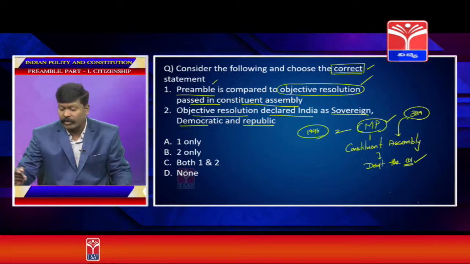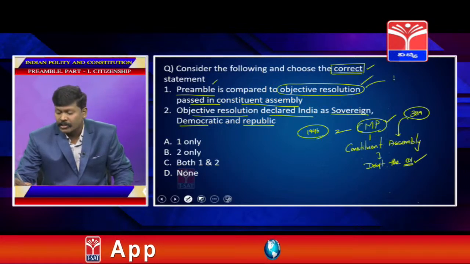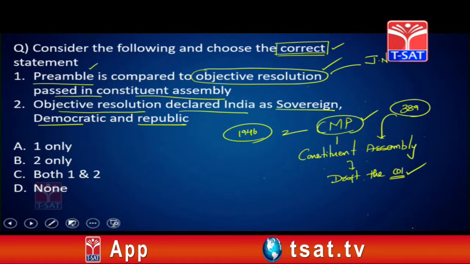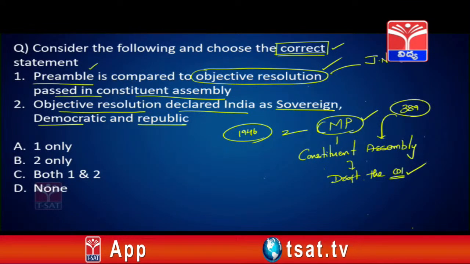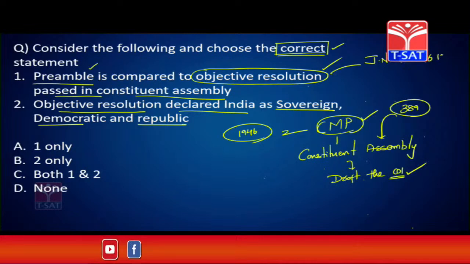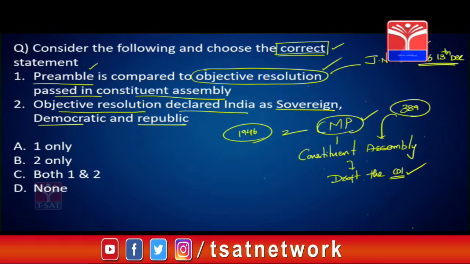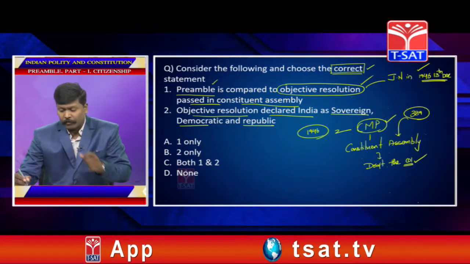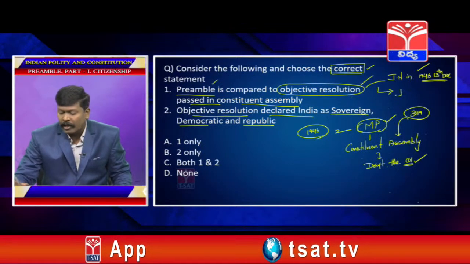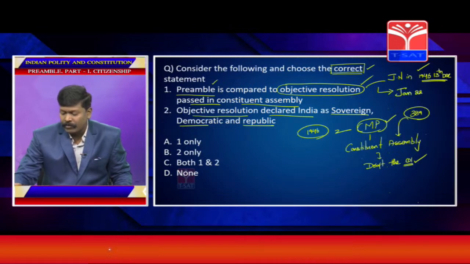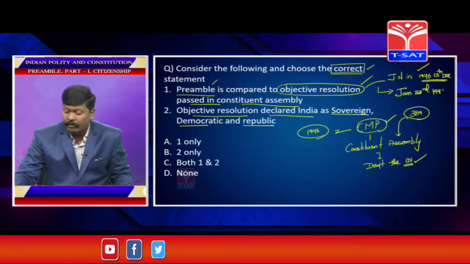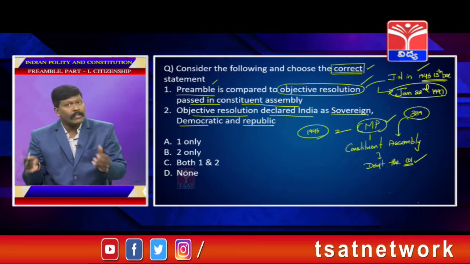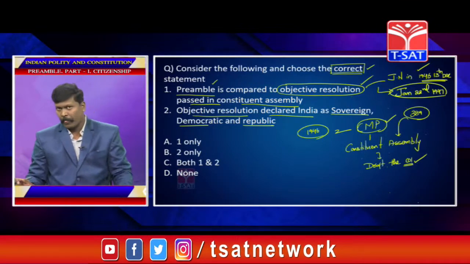And this objective resolution was initiated by Jawaharlal Nehru. In the year 1946, on 13th December, Mr. Nehru initiated this objective resolution, and it was passed in the Constituent Assembly on January 22nd, 1947.